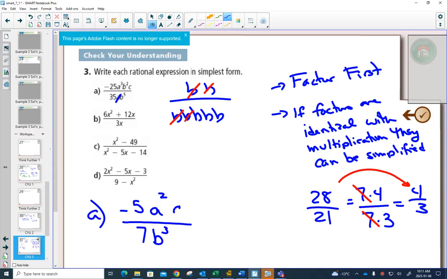And we have a c on the top, and we would still have a c on the top. So the first one is already written as multiplication, and you can just simplify it directly from there. There was no need to officially factor it, although I guess if you wanted to, you could have done this.